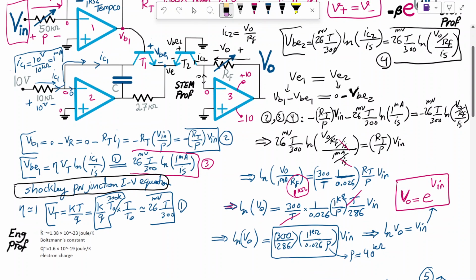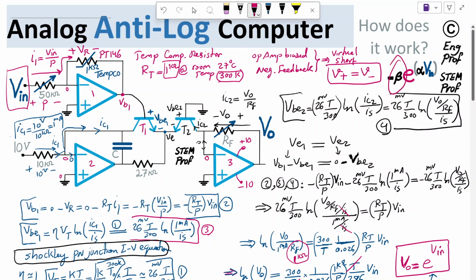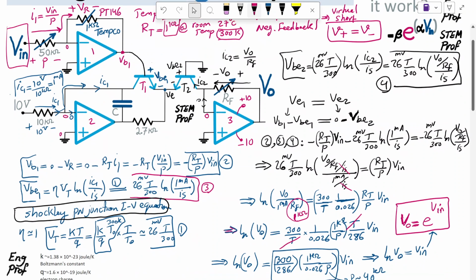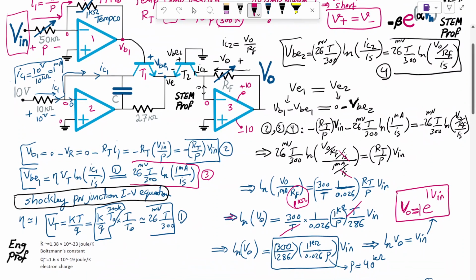In this case, I designed the circuit specifically in such a way that beta is 1 and alpha is 1 as well. So you can see we have 1 and 1. If we wanted other numbers, we could also do that, but we would need different choices of components.